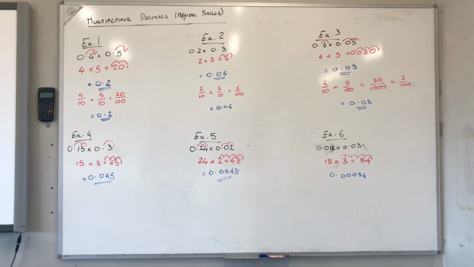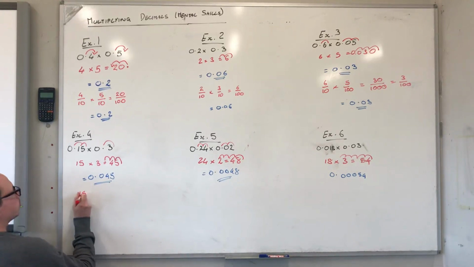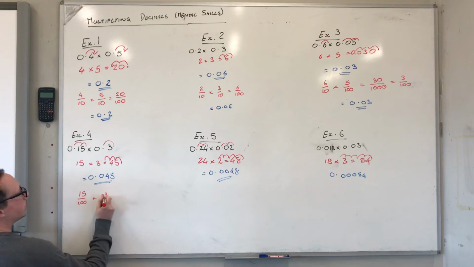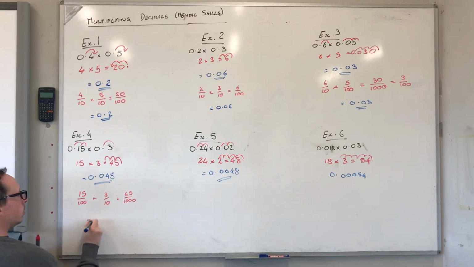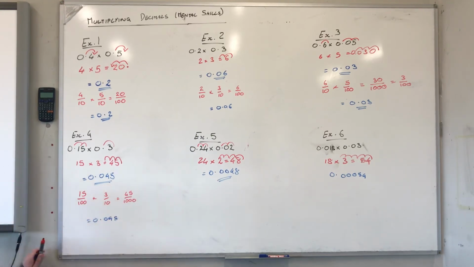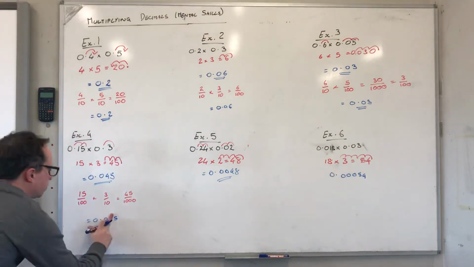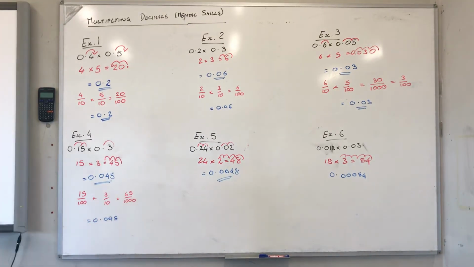So let's do another one. If you can see there, 15 hundredths times 3 tenths gives me 45 thousandths. So 45 thousandths is just 4 hundredths and 5 thousandths, so 0.045.